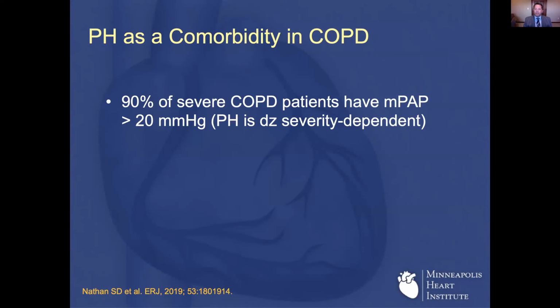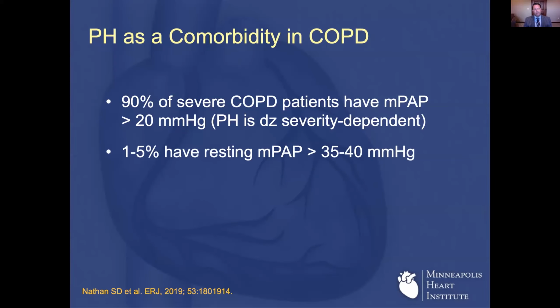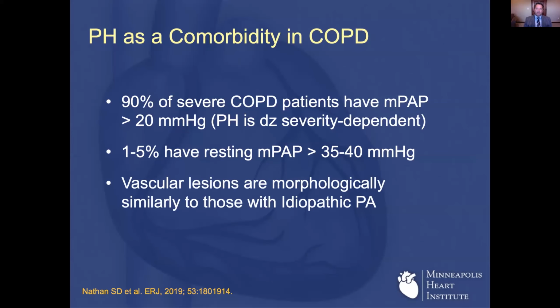And the PH is usually disease severity dependent, meaning that patients with mild disease usually have at most mild pulmonary hypertension if it's due to COPD, whereas moderate disease will have moderate severity. 1 to 5% of patients with severe COPD will have a resting mean PA pressure greater than 35 to 40, indicating that although they may have a severe COPD, they usually don't have severe pulmonary hypertension. It's very uncommon to have severe disease. Usually it's in the mild category.